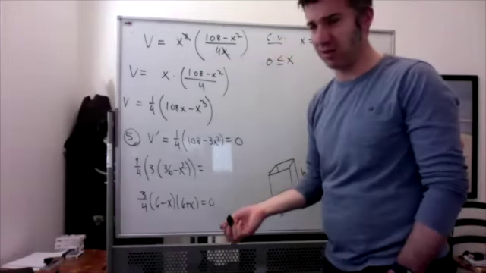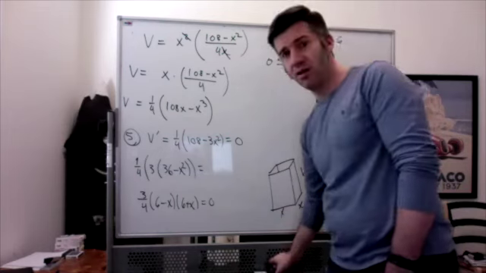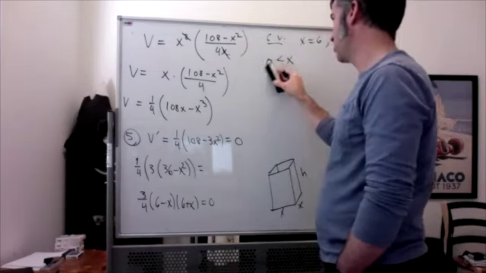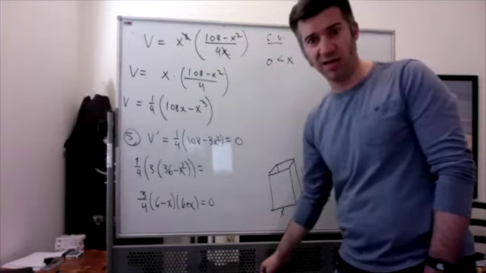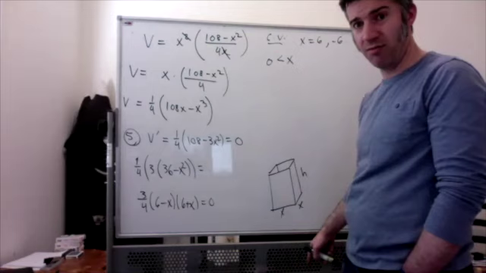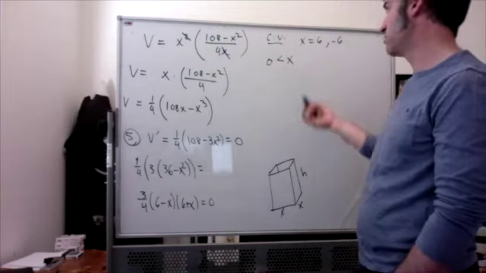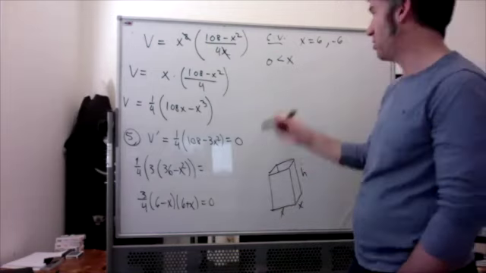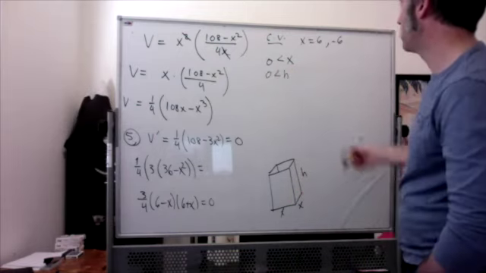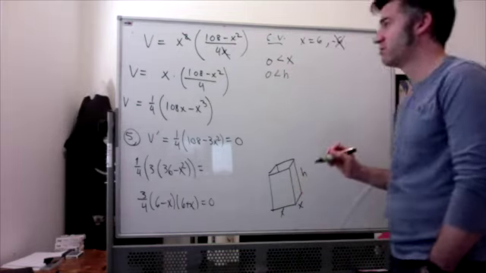Maybe not even equal to 0. 0 seems like kind of a stretch. In fact, 0 is definitely a problem if you want the surface area to be 108. Right, the surface area is 108. You can't really have an x that's 0. And you should also have h greater than 0. So this doesn't make sense.